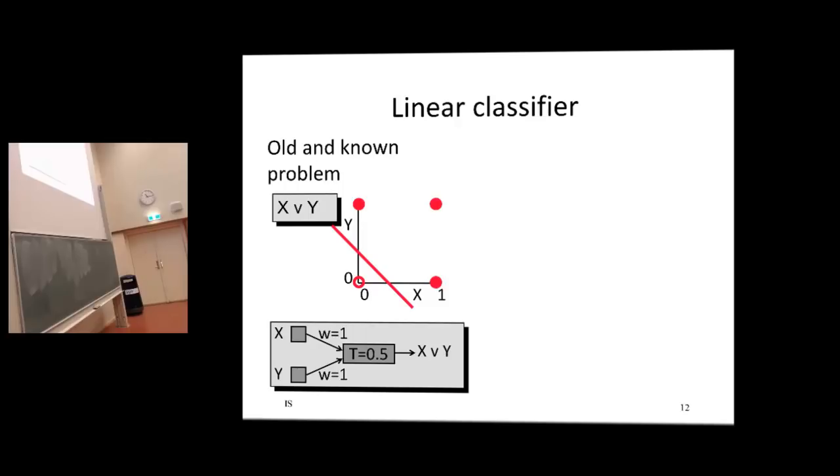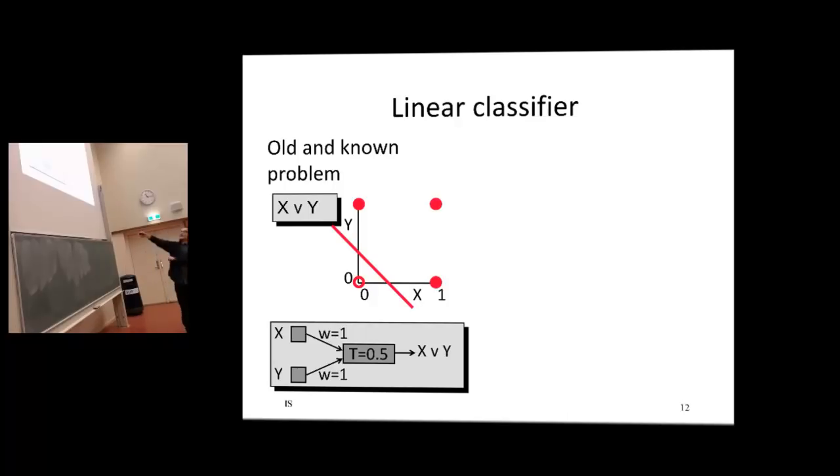It's a propositional logic disjunction, so it has the meaning that this is true if either y is true or x is true or both. So if we give the value 1 for truth and 0 for falsity, then this would be a representation of the data set of the logical operator disjunction.